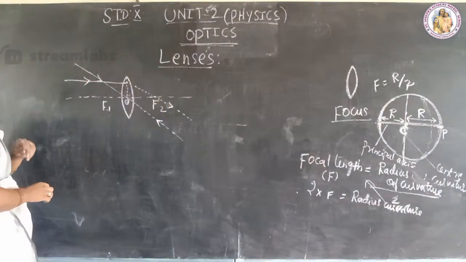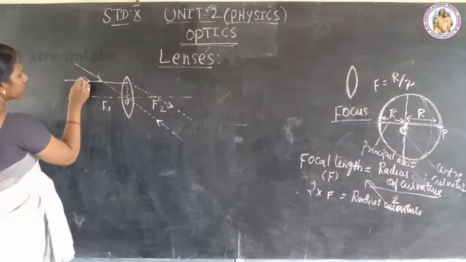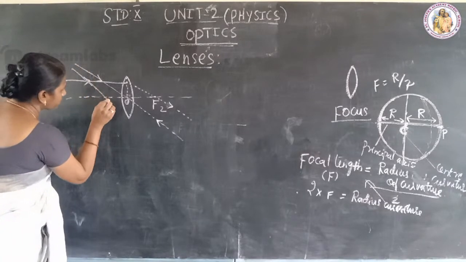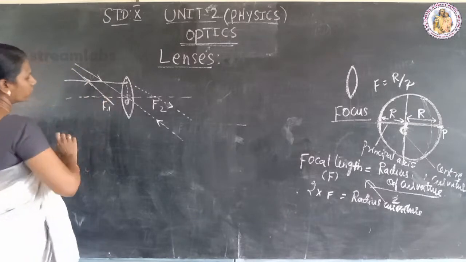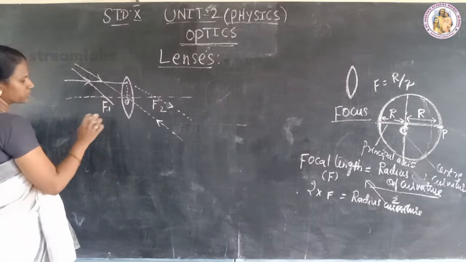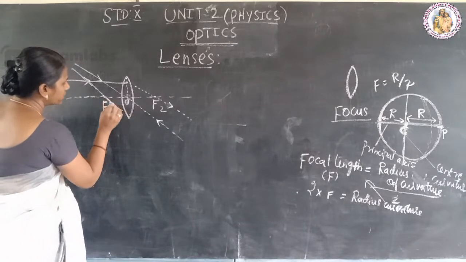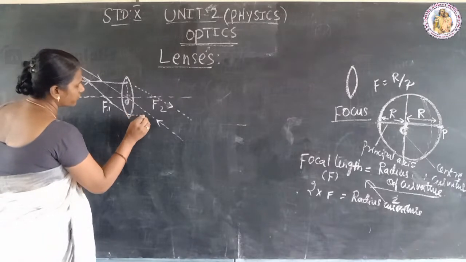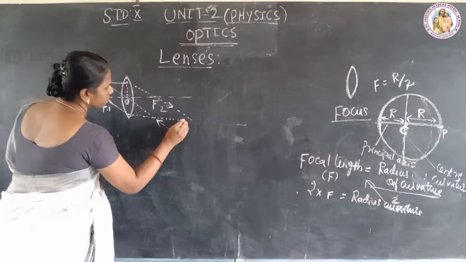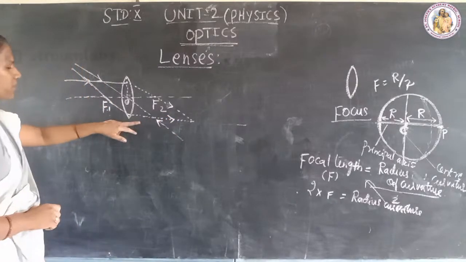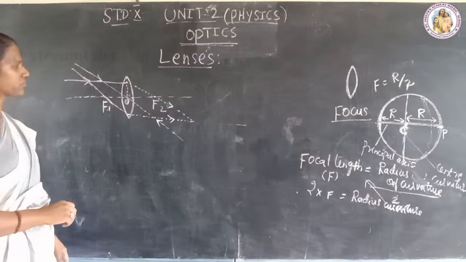Next, what's the third rule? If the incident ray goes to the focus point, after refracting by the lens, the refracted ray is parallel to the principal axis.